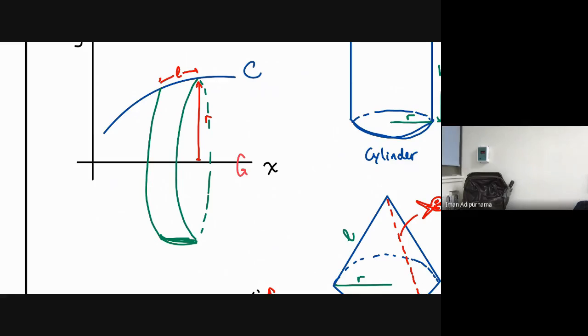So if you rotate with X, your radius will be what? Your R will be Y. So 2 pi Y, and then this is the arc length, the L.